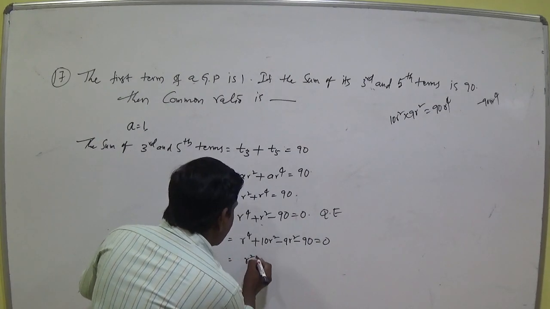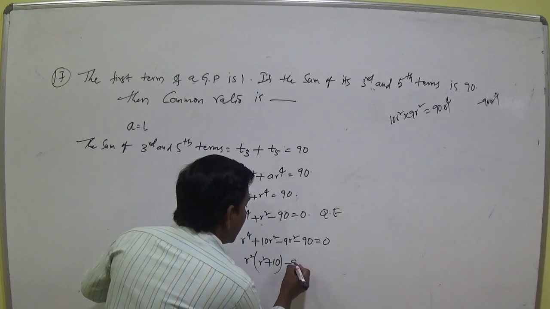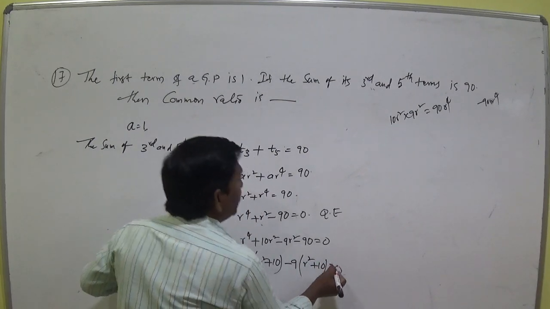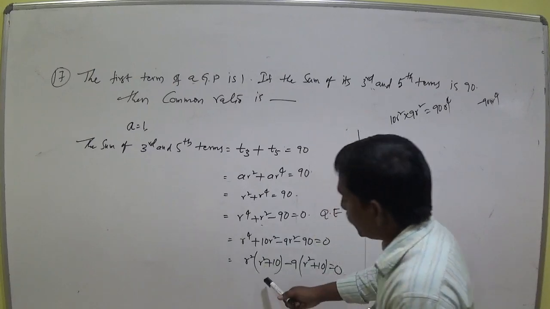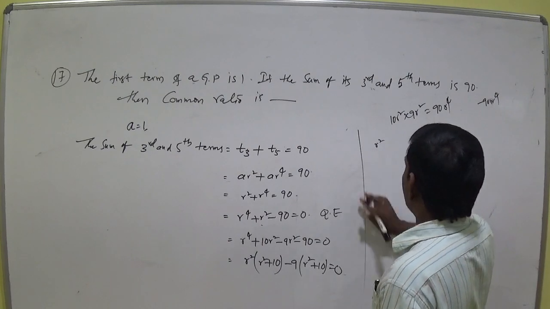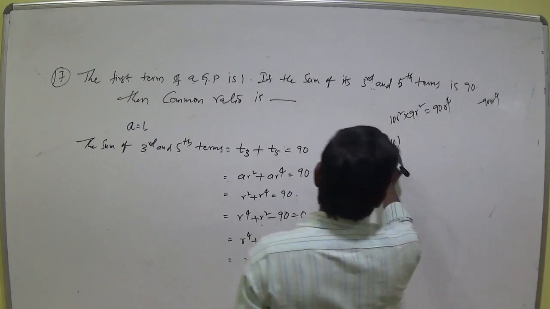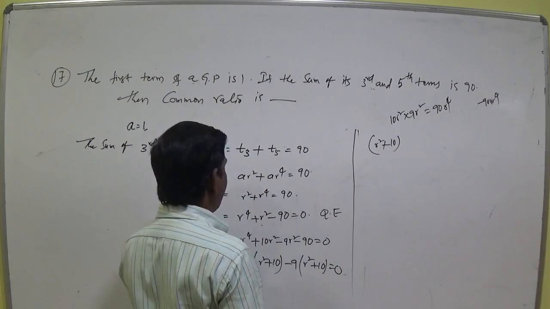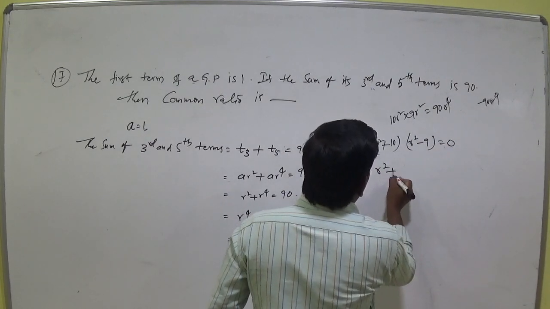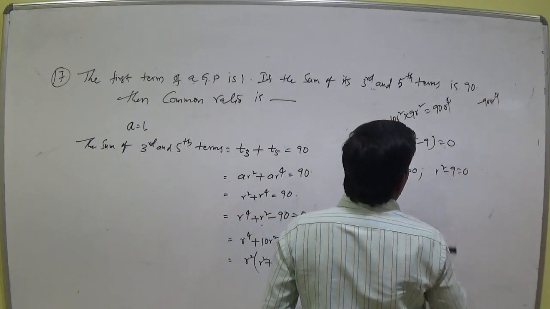Here R square is the common term, R square plus 10. Here minus 9 is the common one, R square plus 10. What is the common expression here? R square plus 10 is the common expression. What is the remaining one? R square minus 9 equal to 0. So R square plus 10 equal to 0 and R square minus 9 equal to 0.